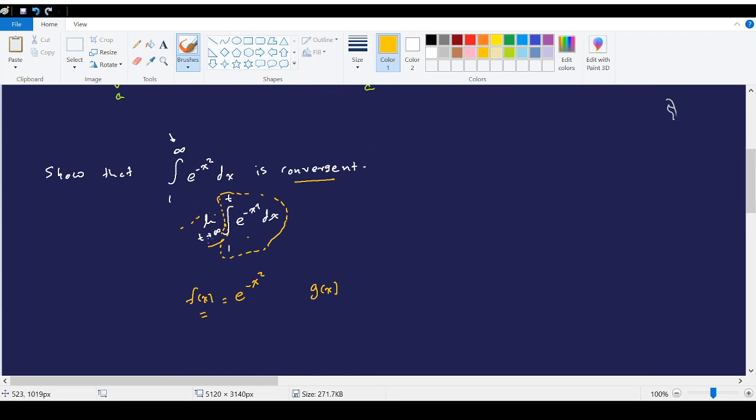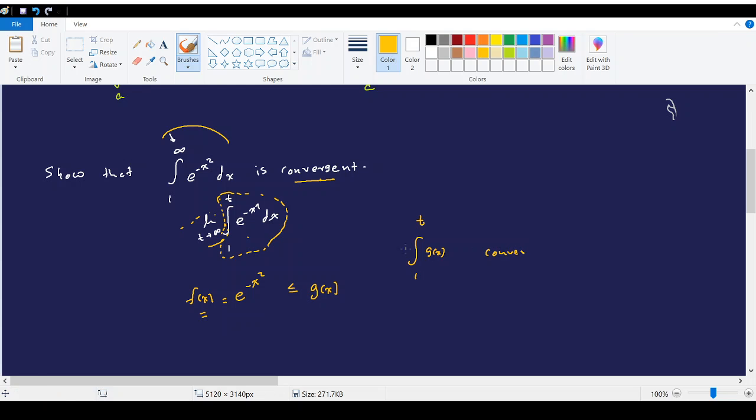Now as we have to show that this integral converges, we need to find a larger function so that the integral of this larger function within the same range converges.